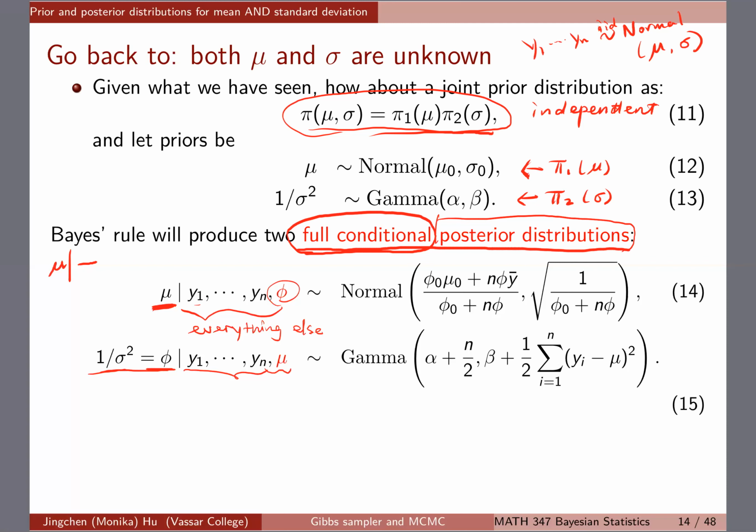So you would need mu 0 and sigma 0 for mu, and gamma with alpha and beta for 1 over sigma squared. Later, when we code the Gibbs sampler, which is how we do the computation, we'll have to fit in the 4 values. I will be doing mu 0 to be 5, sigma 0 to be 1, and alpha and beta both to be 1 to start with.